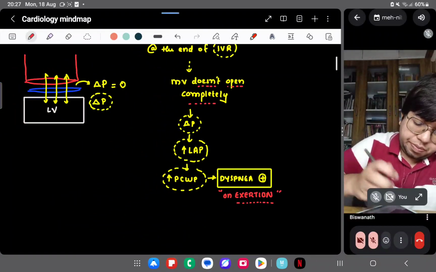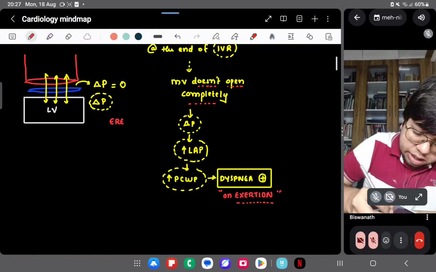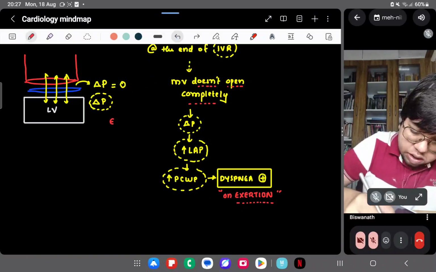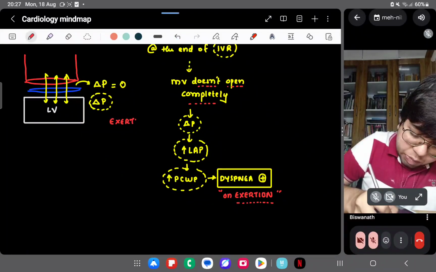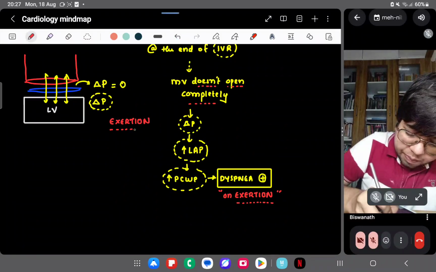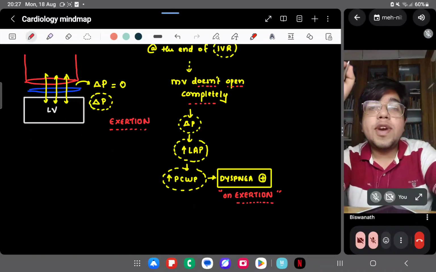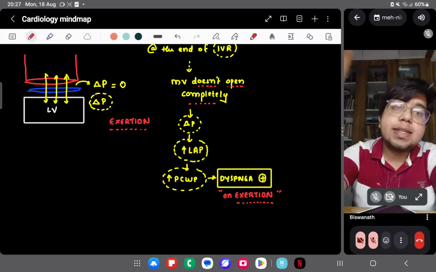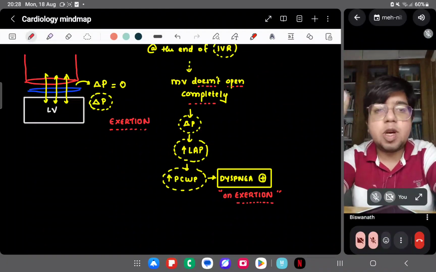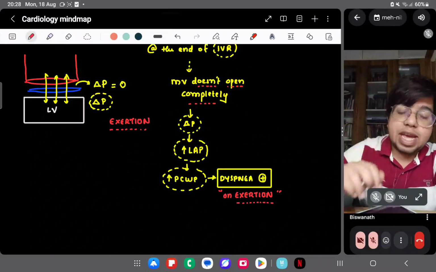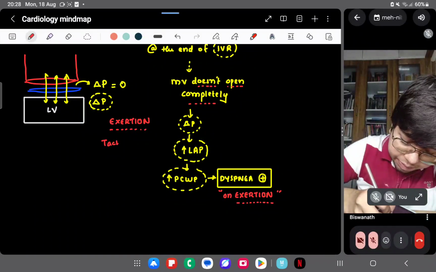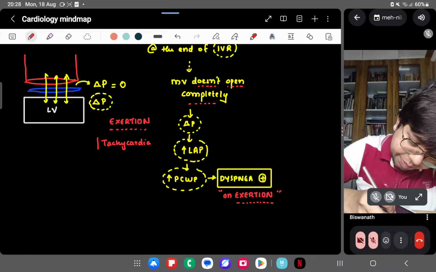Why exertion? Look, whenever there is stress, exercise, pregnancy, or arrhythmic disorders, we have a condition called tachycardia. Our heart rate increases.